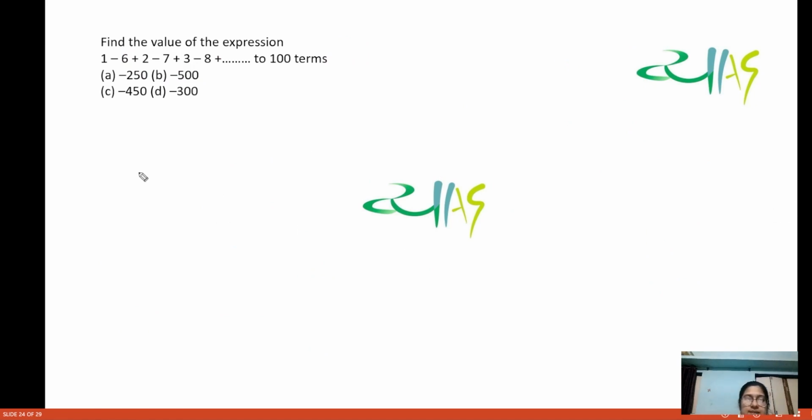Guys, look at this question. We have this 1 minus 6, 2 minus 7, 3 minus 8 till 100. So basically the series is 1 plus 2 plus 3 till 50 terms, because half of 100, then minus 6 plus 7 plus 8 till 50 terms.